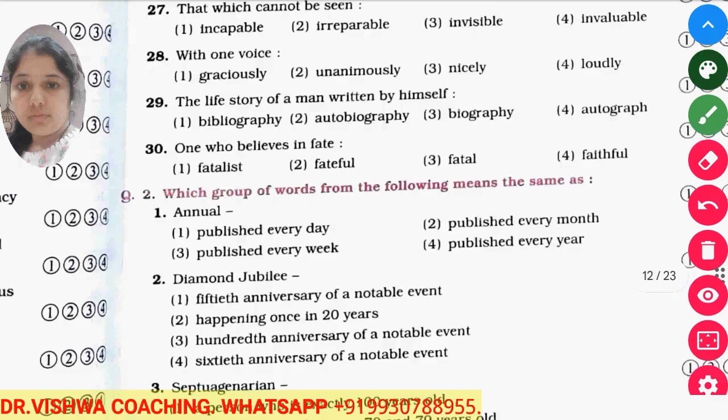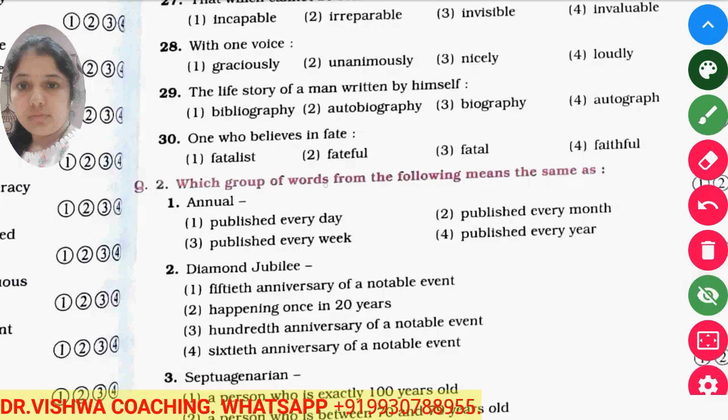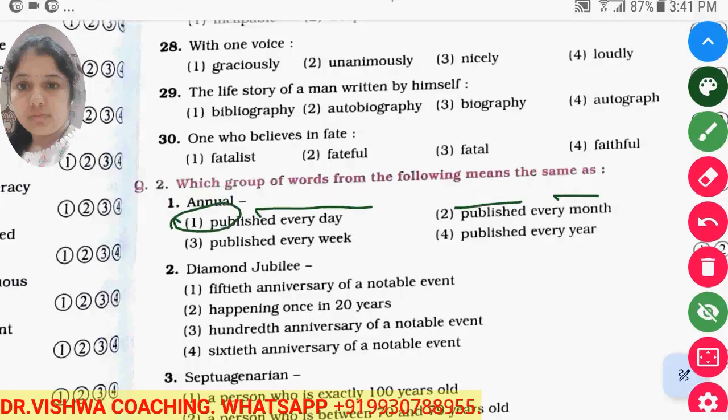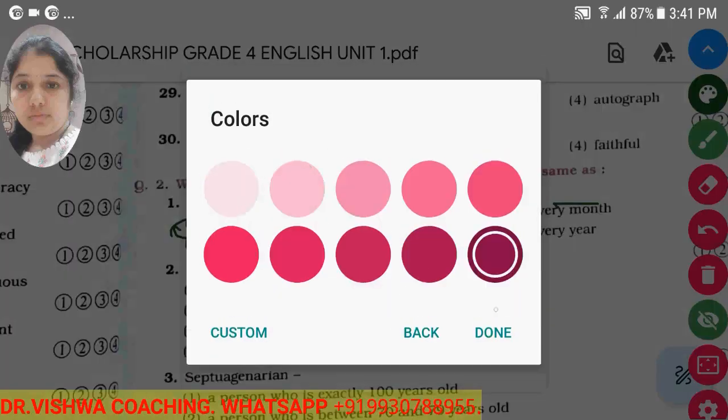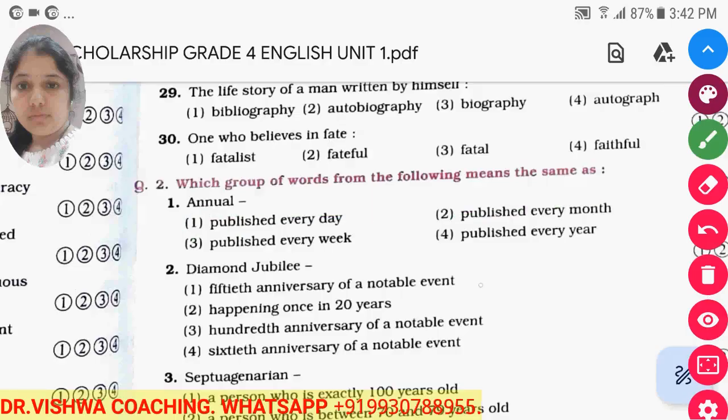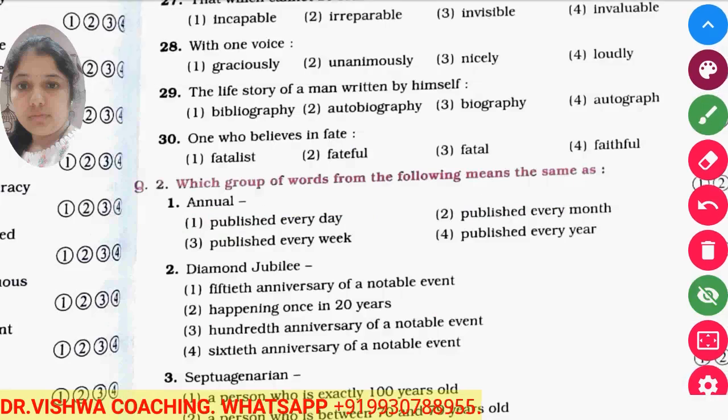Okay, now the next question pattern is: which group of words from the following means the same as. One word is given to you and we have to find the group of words for that word. The first word is annual. Annual means something which happens yearly.